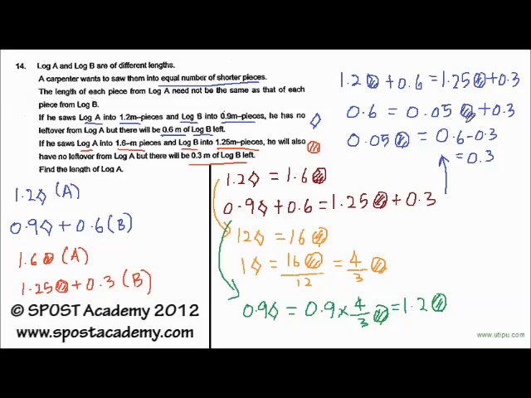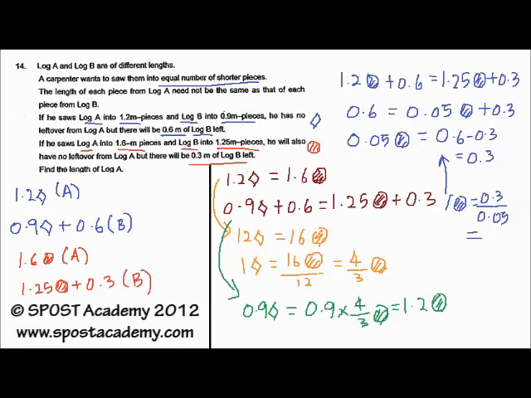So to get just 0.05 circle, I simply need to subtract. So in order to find one circle, it's just 0.3 divided by 0.05. That will give us 6.